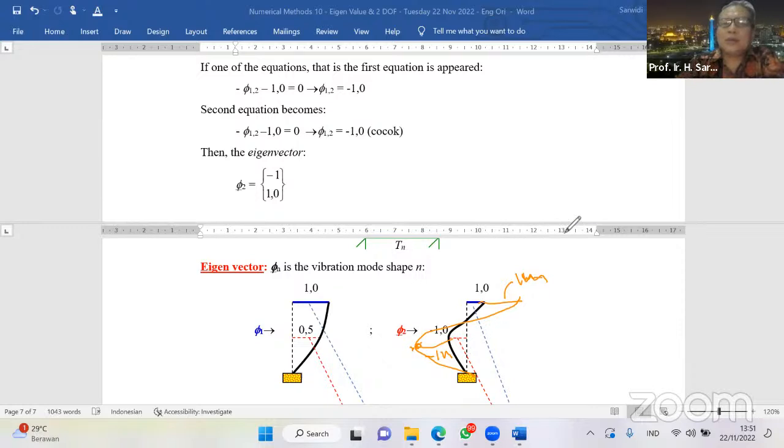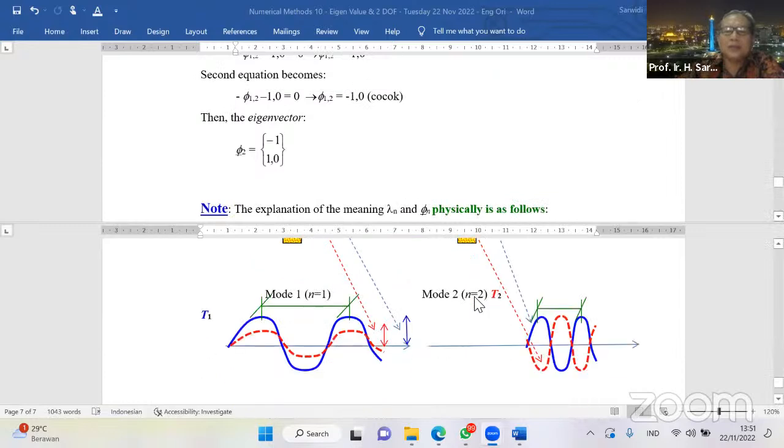If the roof moves 1.5 meters to the west, then the floor moves 1.5 meters to the east. So the building will move like this, and there is an inflection point that is 0 here. This is the physical meaning of the eigenvalue and eigenvector.